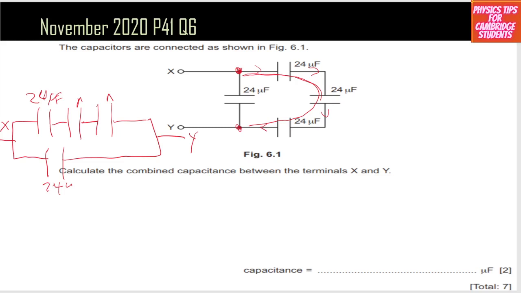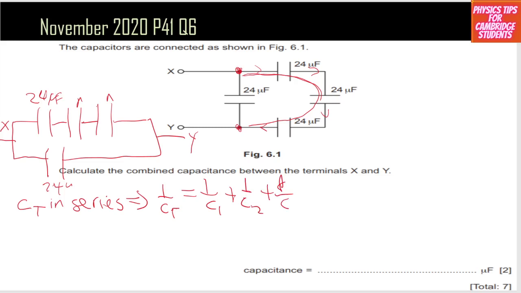Now to get capacitors in series, the total capacitance in series is given by 1 over CT is equal to 1 over C1 plus 1 over C2 plus 1 over C3. So capacitors in series behave like resistors in parallel.